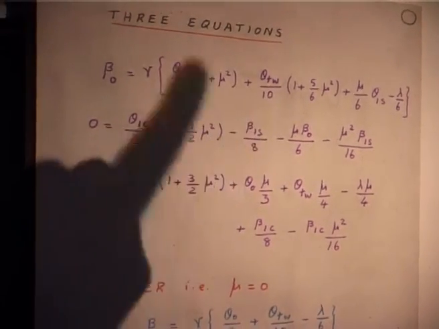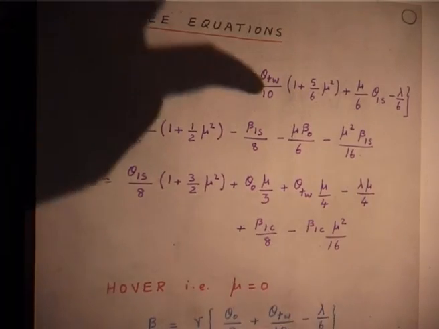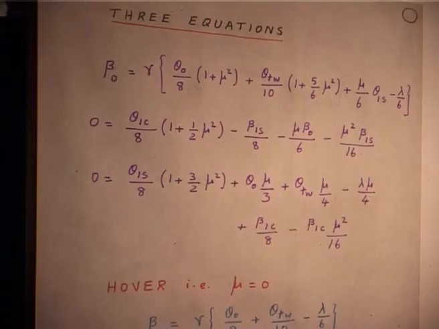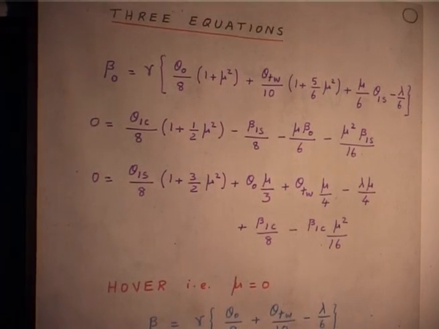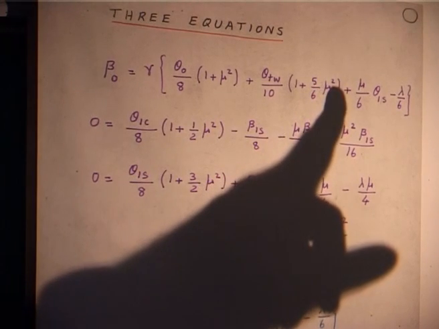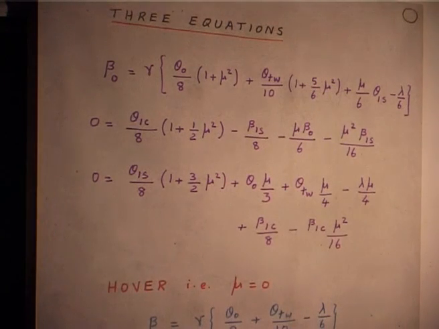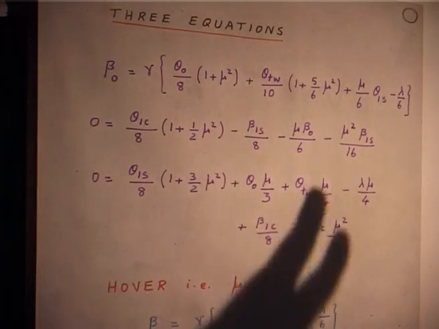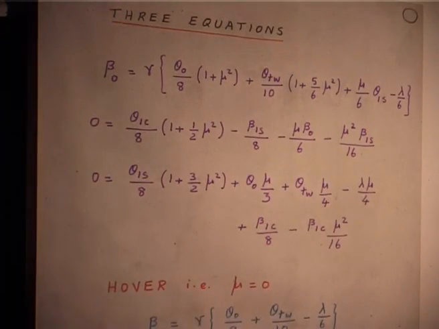So, you will get 1 plus mu square, you take out, in this, because you add 1 over 6 minus 1 over 6. So, that is how you get that mu theta 1 s over 6 minus lambda by 6.